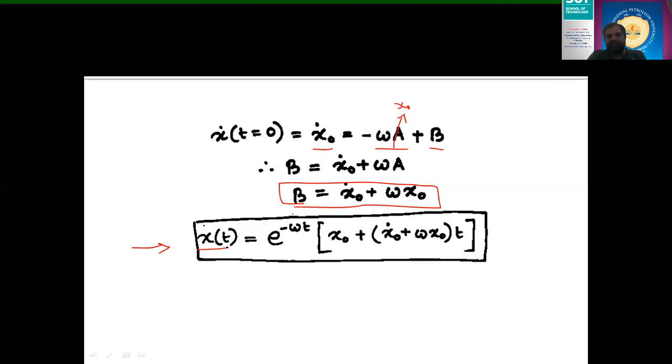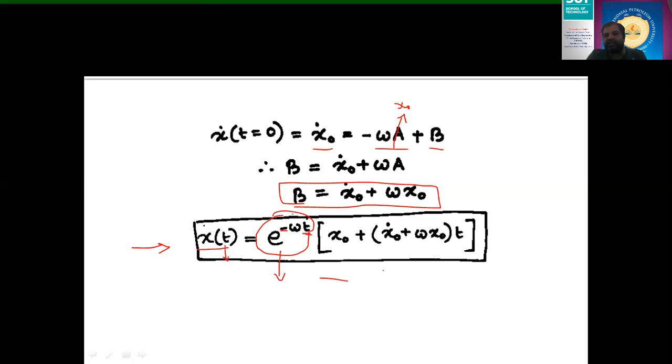If you closely see this equation, it has two parts. One is this, which is an exponentially decreasing function with respect to increasing time t. As I increase the time t, the term e raised to minus omega t will be a decreasing term.